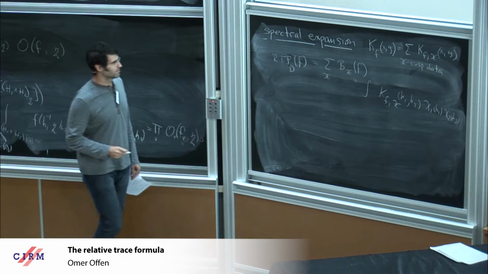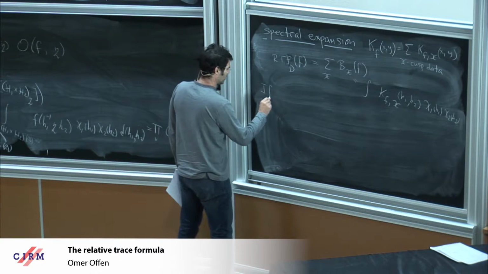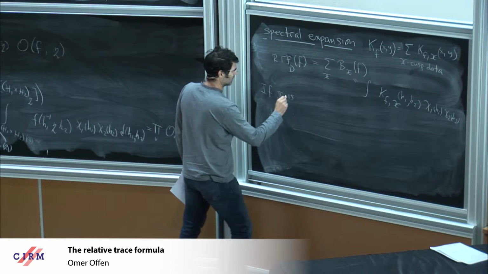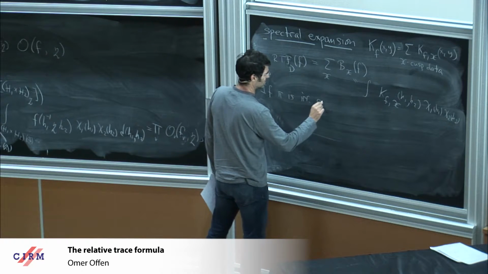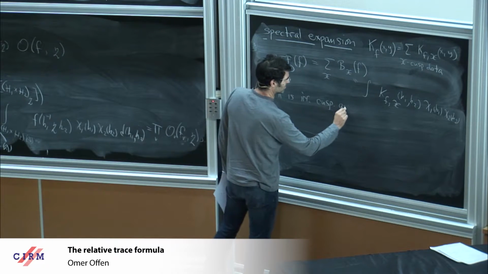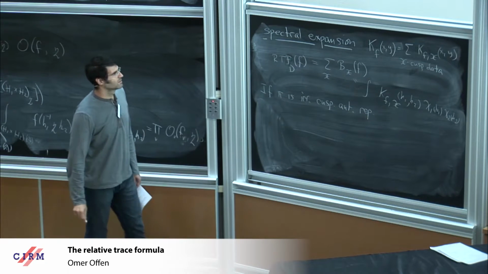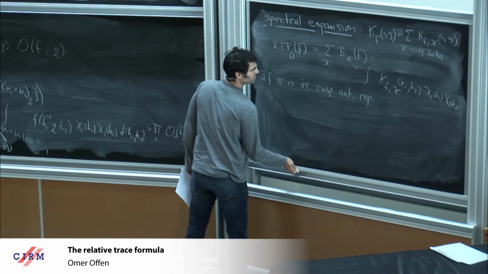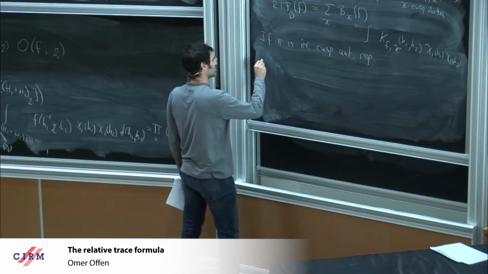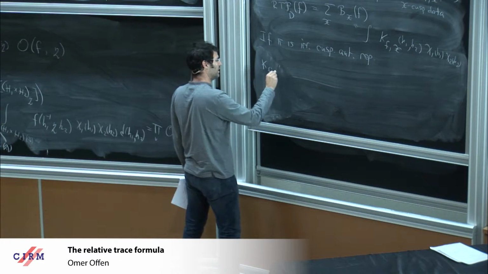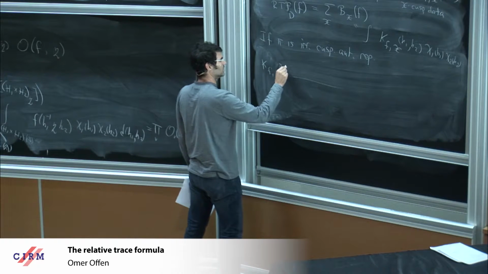Okay, so if pi is an irreducible cuspidal automorphic representation, then K_f pi can be expanded as follows.